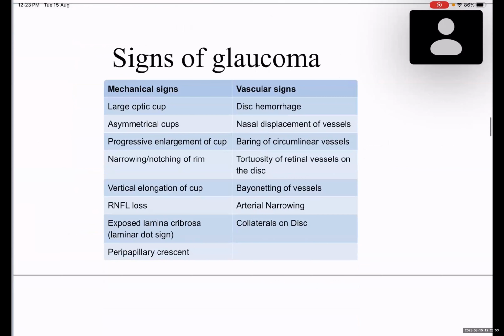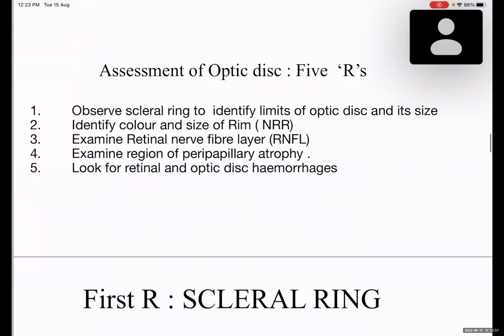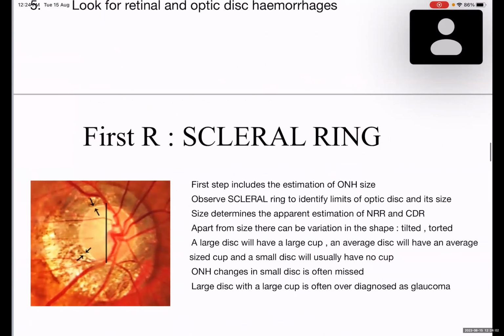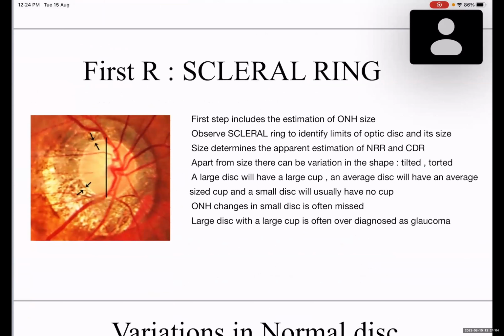There are various signs of glaucoma, mechanical signs as well as vascular signs. The assessment of the optic disc comes under the 5 R's. The first R is the scleral ring. The first step includes estimation of the optic nerve head size. Observe the scleral ring to identify the limits of the optic disc and its size.